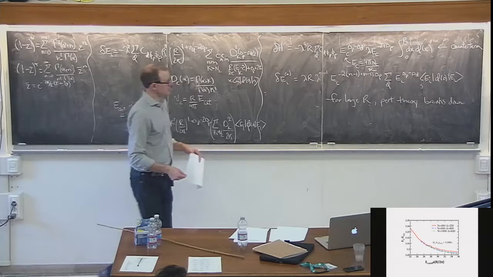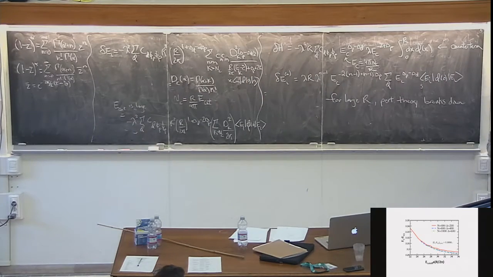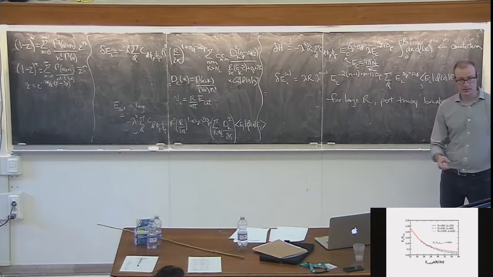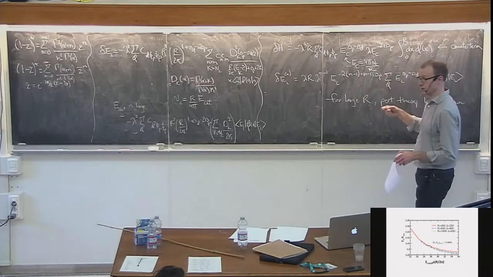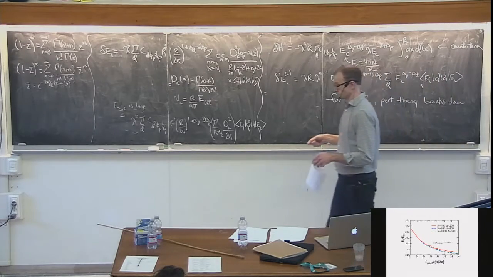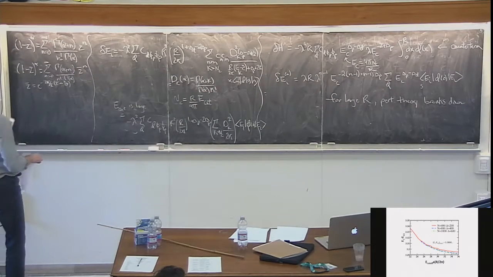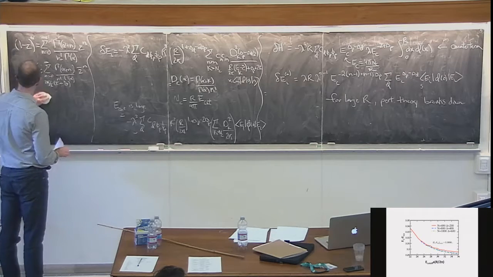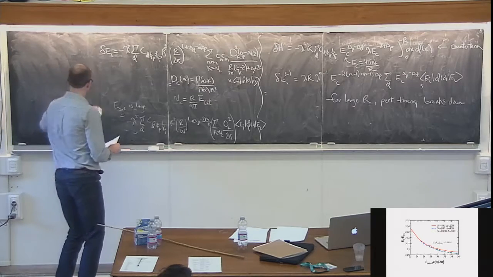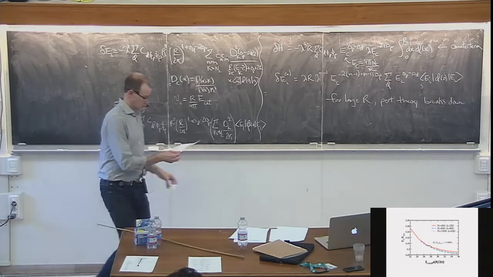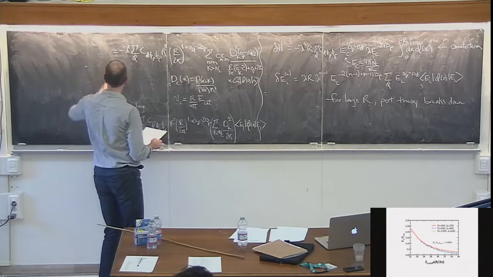But even for large R, even this partial resummation doesn't quite do the trick. But I think that's to be expected, because this is the relevant parameter that controls whether the perturbation theory is good or not. Okay, so let me just erase.